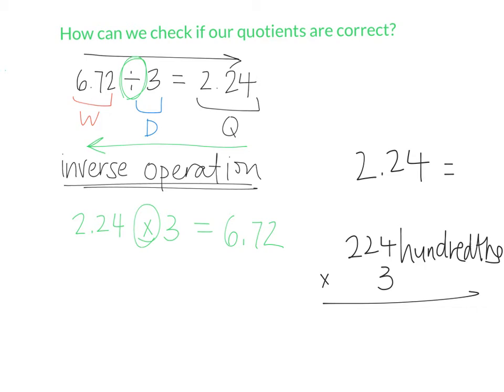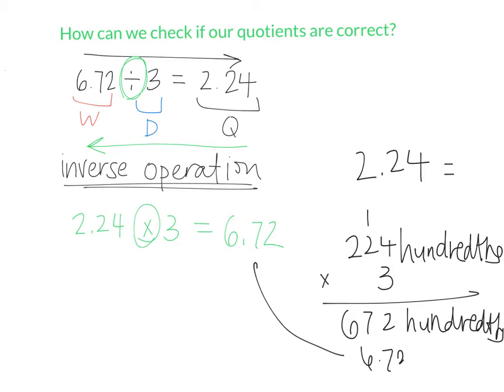Okay, so 3 times 4 is 12. 3 times 2 is 6 plus 1 is 7, 3 times 2 is 6. So I get 672 hundredths. Is that what I want it to equal? Is that the same thing as 6.72? And we can see that check, that is correct. So you can always use the inverse operation for division, which is multiplication, to check to see if you did your work correct. Does that make sense?